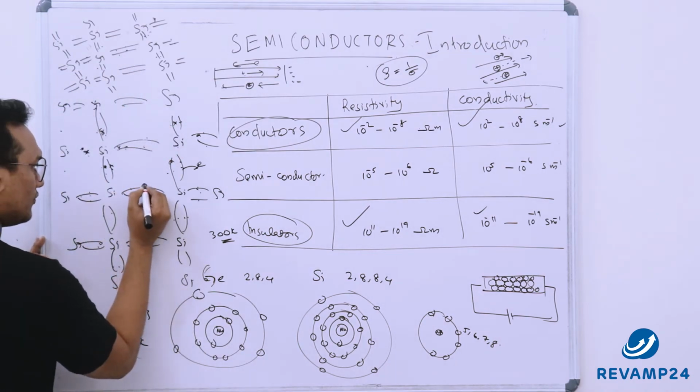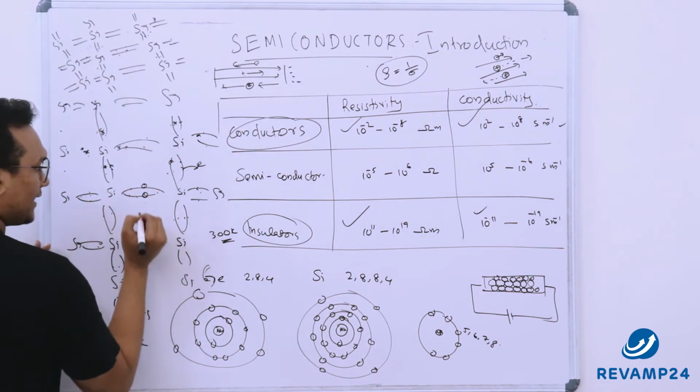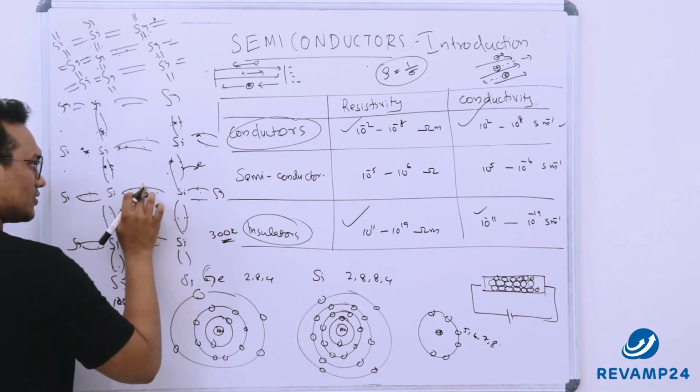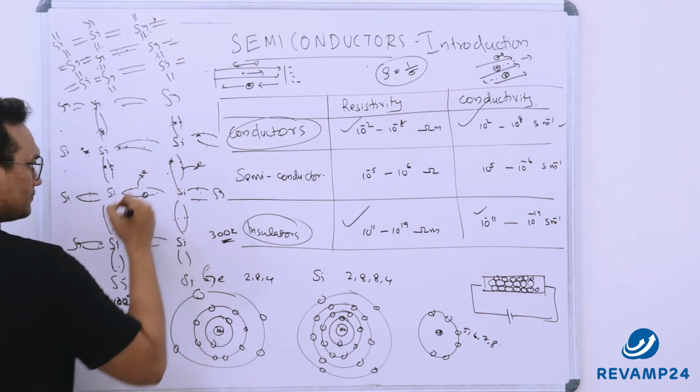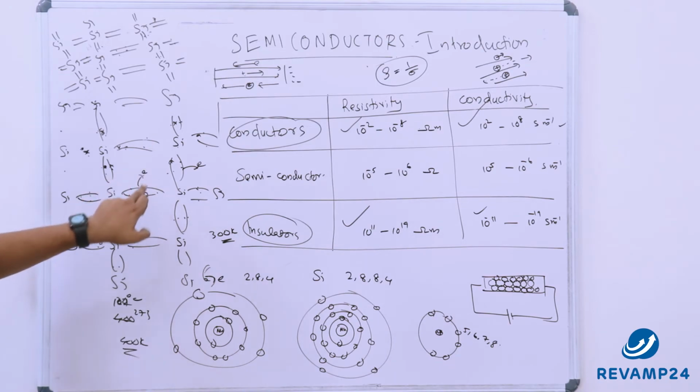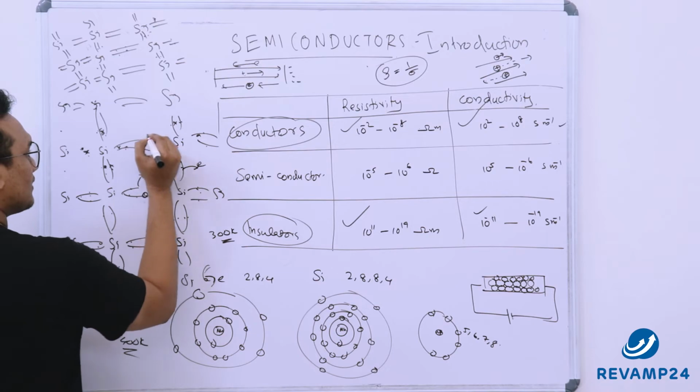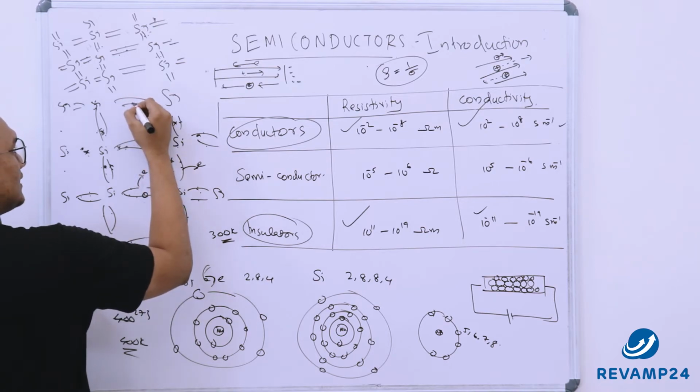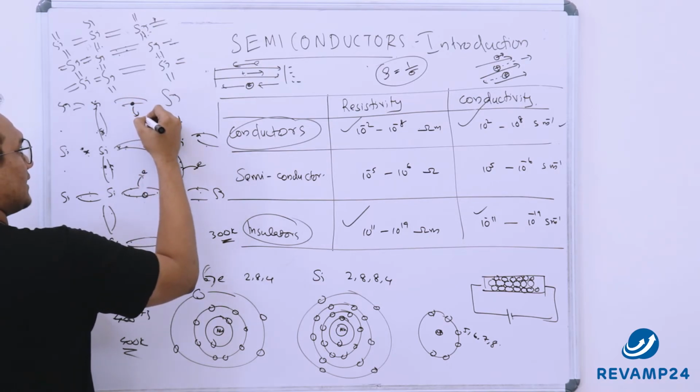Say for example, now we have 2 electrons here. At higher temperature, this electron will get energy so that it will move outside. It's a free electron now. Here it is a bonded electron. In this case, at higher temperature, this electron came out from its position and became free.